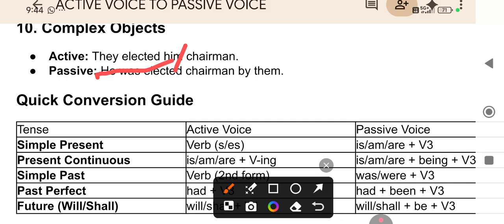Him becomes he was elected. That's the base. We have discussed many a time. Was elected, elect becomes elected, third form is elected, second form is elected. So elected chairman by them. He was elected chairman by them. Simple.